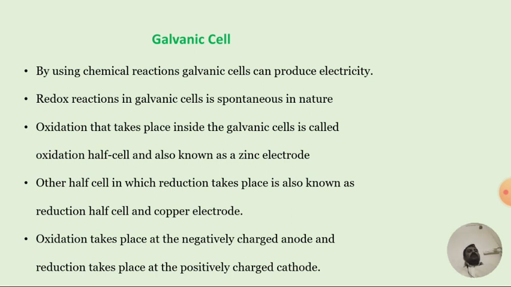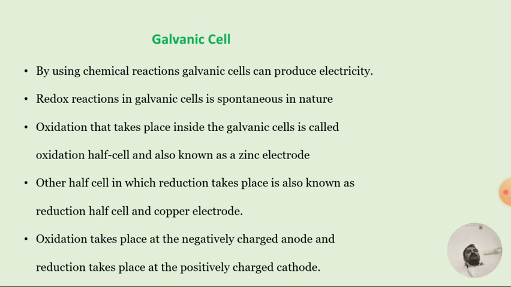By using a reaction, galvanic cells can produce electricity. Almost all electrochemical cells are used for power production. The redox reaction in a galvanic cell is spontaneous in nature. Spontaneous means the reaction proceeds without external force.